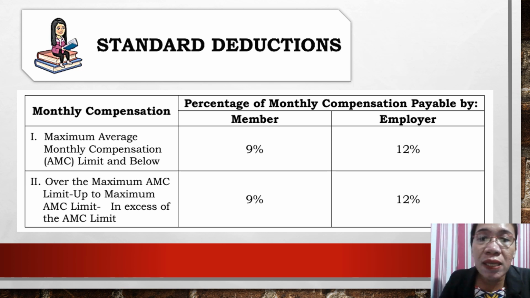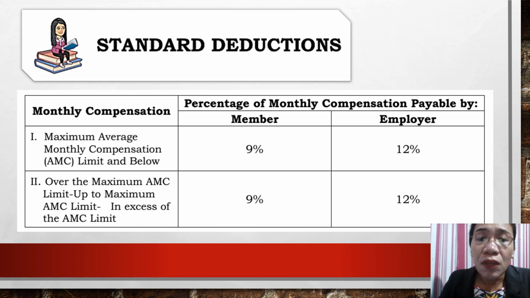Di ba sinabi ko kanina na 9% is being deducted to the payslip because you're a member? Pero ang employer, yung government, yung department, sila ang magbabayad ng 12% para sa contribution mo.